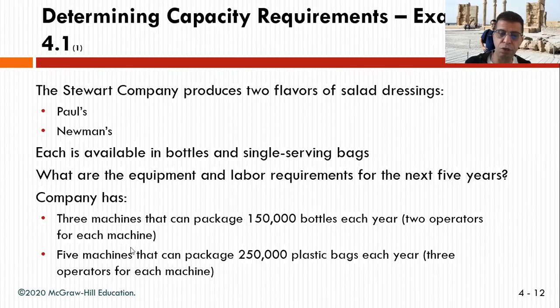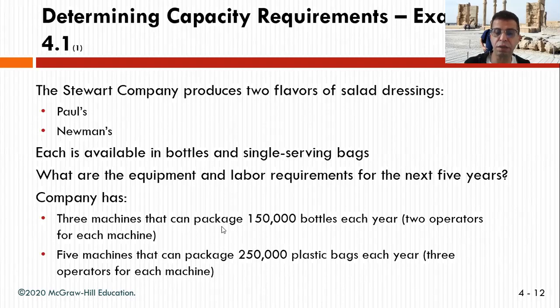And we have 5 machines that can package 250,000 plastic bags each year, where we need 3 operators for each machine. Because we have 5 machines and need 3 operators for each, that means 15 people at full capacity, and we can then produce 250,000 plastic bags.